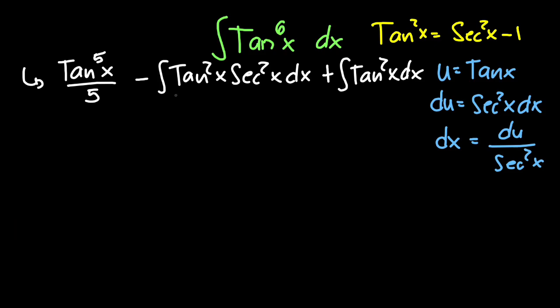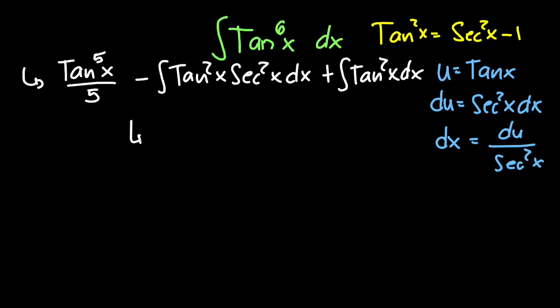Now focus on this part. Let u here again be tangent of x. It's just a repeat of the step in the previous part. And taking the du here, it would be equal to secant squared x dx. And isolating the dx, we would have a value of du over secant squared of x.